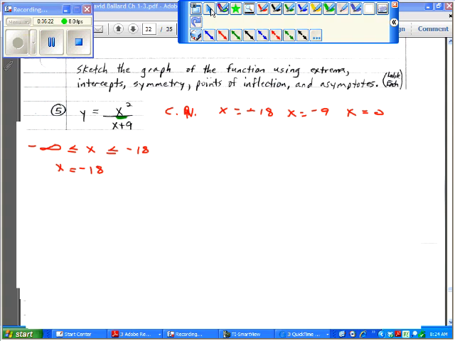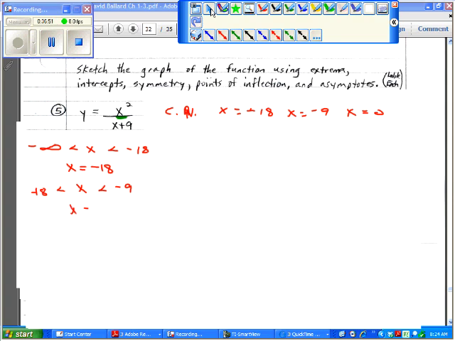And then we're going to say x is between, let me take the equal to's off. X is equal to negative 18. Then we're going to say x is between negative 18 and negative 9.